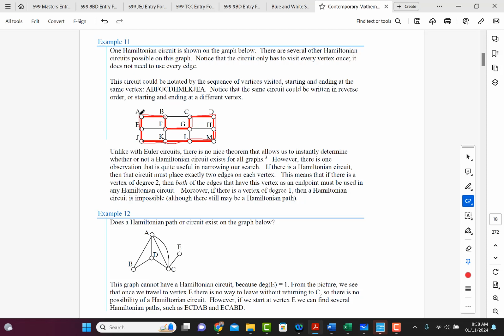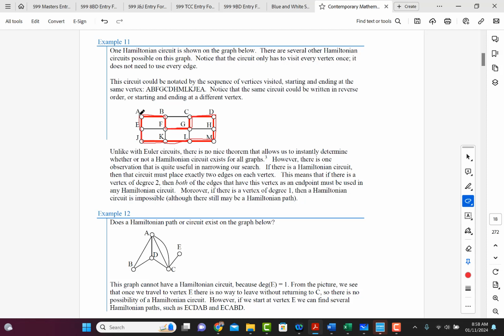Now, unlike Euler circuits, there is no nice theorem that allows us to instantly determine whether or not a Hamiltonian circuit exists for all graphs. However, there is one observation that is quite useful in narrowing our search. If there exists a Hamiltonian circuit, then that circuit must place exactly two edges on each vertex.